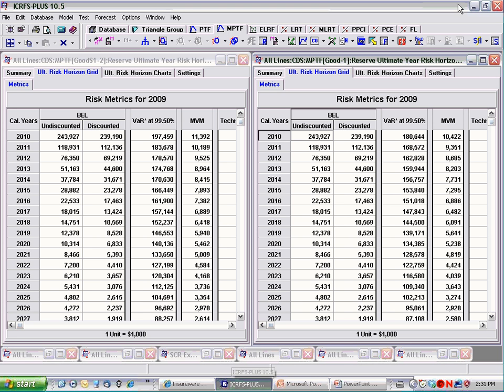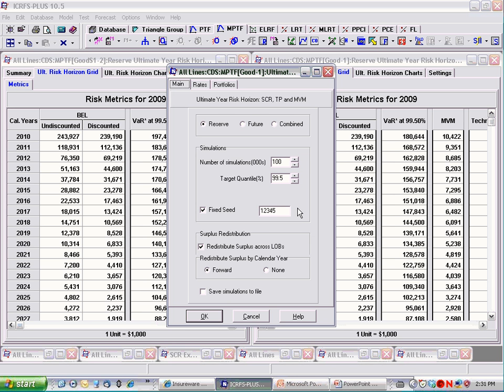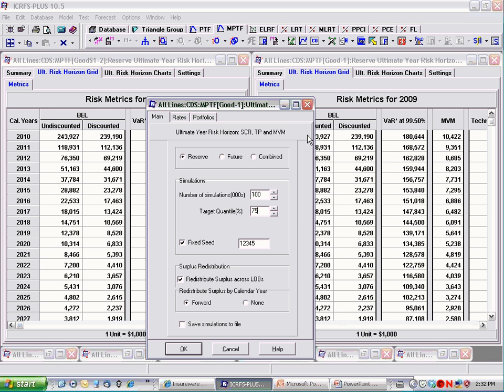Let's just do it again and lower. Why don't we lower the percentiles? So I'm going to make the percentile 75%. Let's do that. 75%.